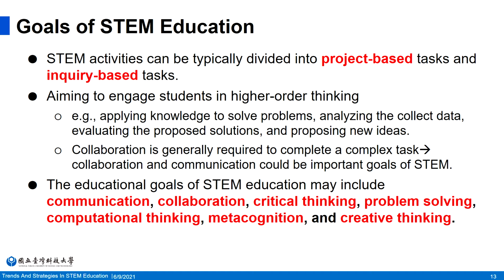This implies that collaboration and communication could also be important goals of STEM. From the perspective of research design, when we try to conduct some STEM education research, we might consider, evaluate, or measure students' communication, collaboration, critical thinking, problem solving, computational thinking, metacognition, or creative thinking performance or tendency.